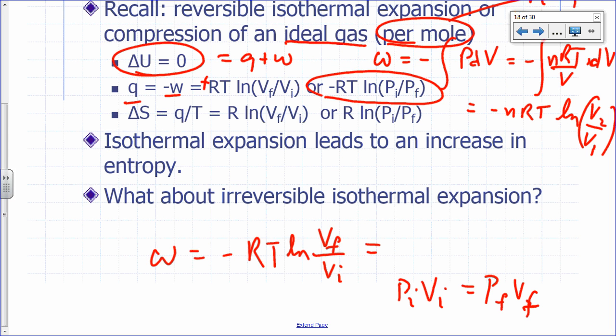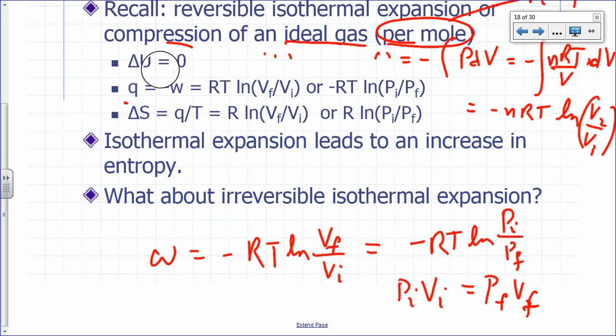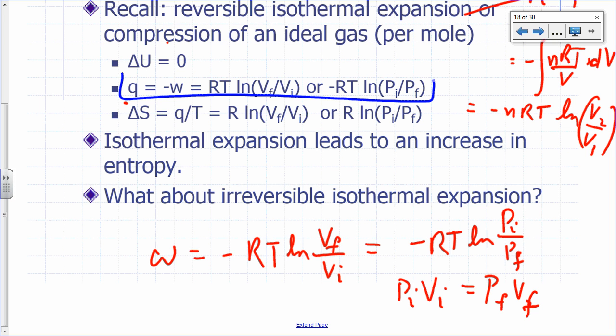So that's the same thing as negative RT ln Pi over Pf. Okay, so that's your formula for Q, this one right here. And that's going to be negative W.